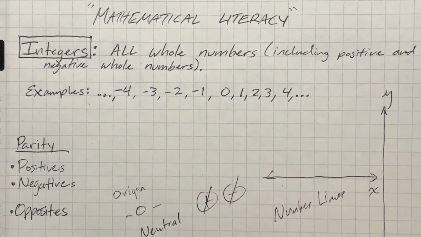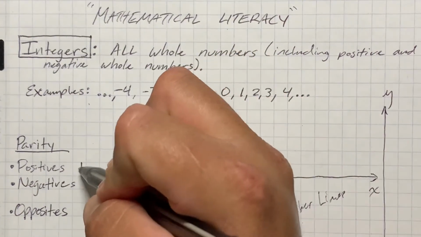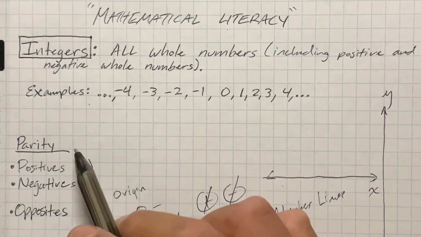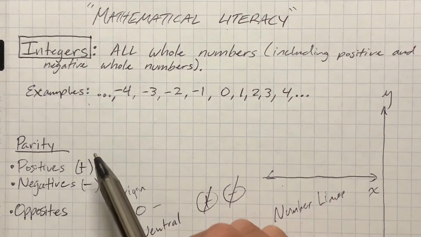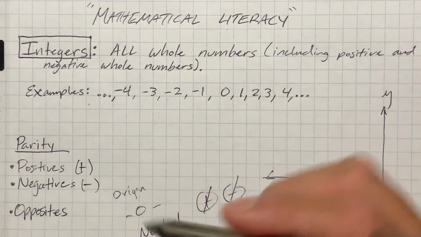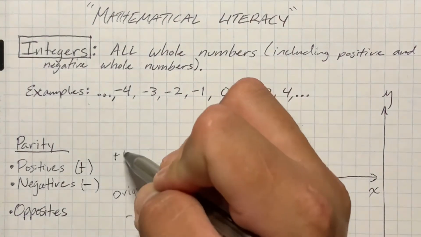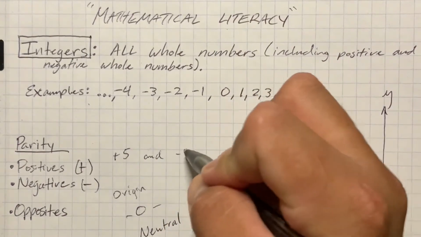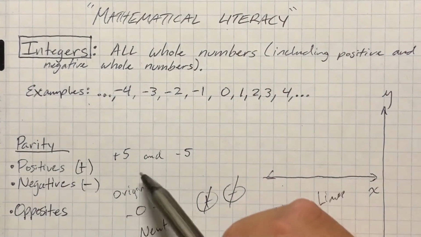Now we have opposites as well. When we have a positive and a negative, these positive and negative signs are called opposites. So if we have positive 5 and negative 5, these are called opposites.